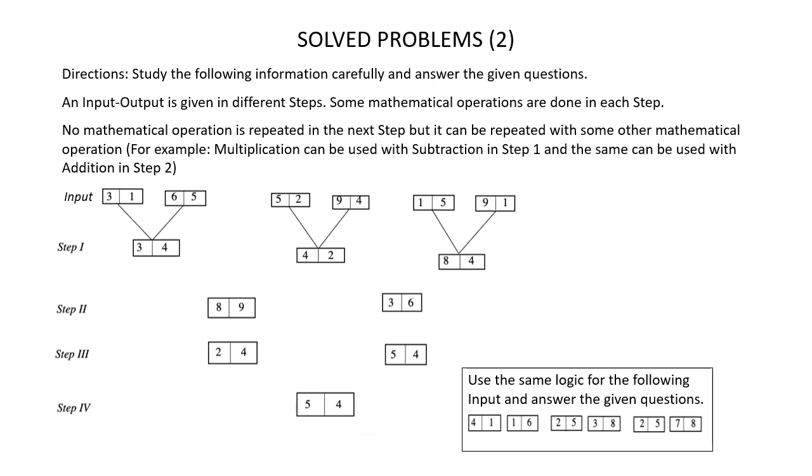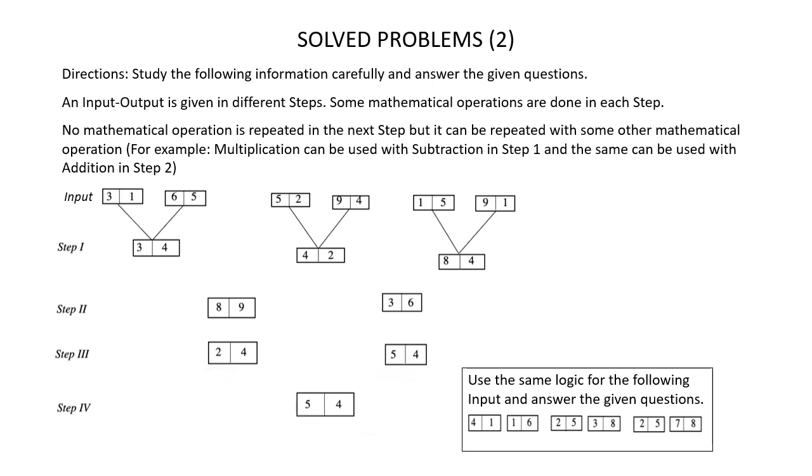In step 2, you have two numbers. Each number is written inside a box and each number is split into its respective digits. In step 3, also there are two numbers. Each number is written within a box and each of the numbers is split into its respective digits.